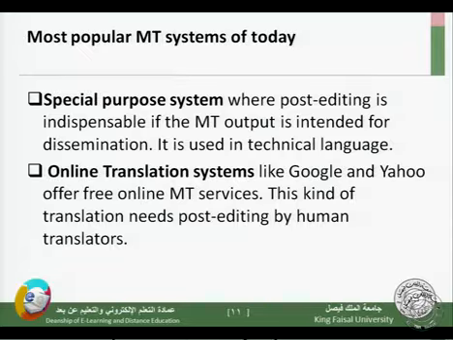Special purpose system means you produce translation, but if it is for dissemination, it means to distribute. If you want to use this system and distribute the translation, then in this case you have to really edit it. It means to check it. After you produce it, you have to check everything in it.